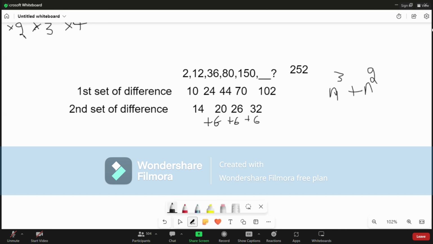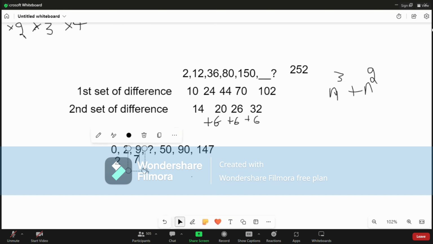Okay, so there was one more question that was asked by one of your friends. So let's just check again. We'll check what is the difference over here. That is 2. And then later what is the difference over here? This is 7. And here it is 40.